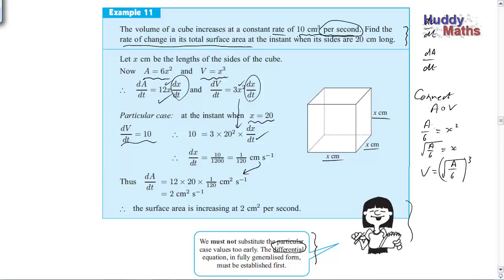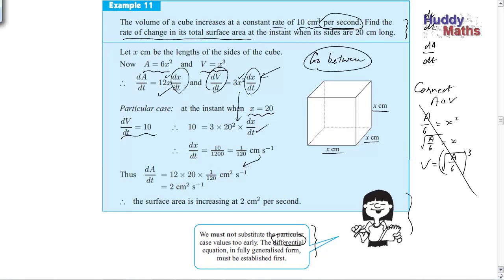It's messy, right? So I call this a go-between problem. This is a go-between problem where you're using the one variable to go between the two quantities. So you're evaluating it at the particular instant using the known rate of change, and that's dV by dt, and then switching it across and substituting it into the other expression. Okay, so look out for that type. All right, come down, let's do another one.